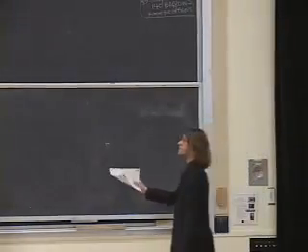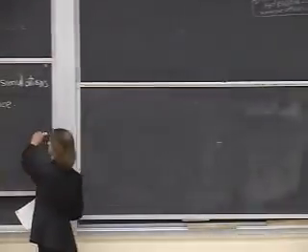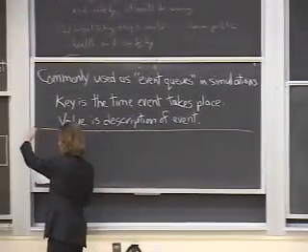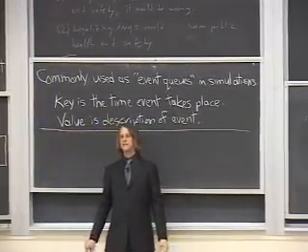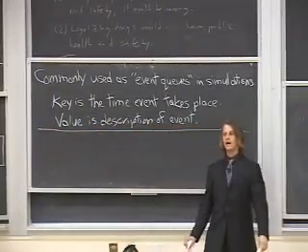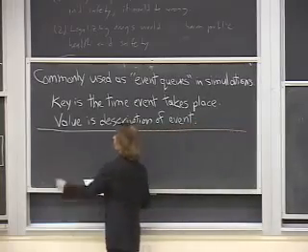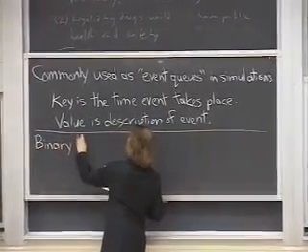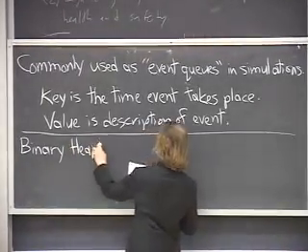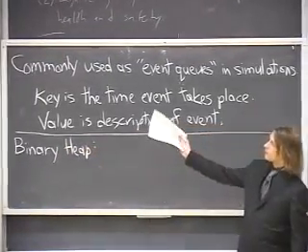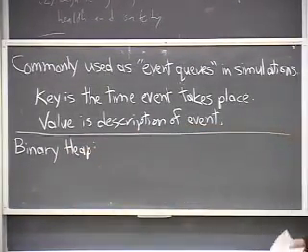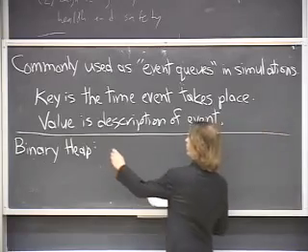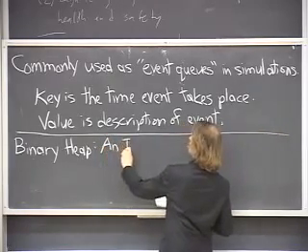So I'm going to spend the rest of this lecture talking about how to implement this efficiently. The simplest and generally pretty fast in practice implementation uses a data structure called a binary heap. Again, a priority queue is an abstract data type, and binary heaps are a particular implementation of that data type.